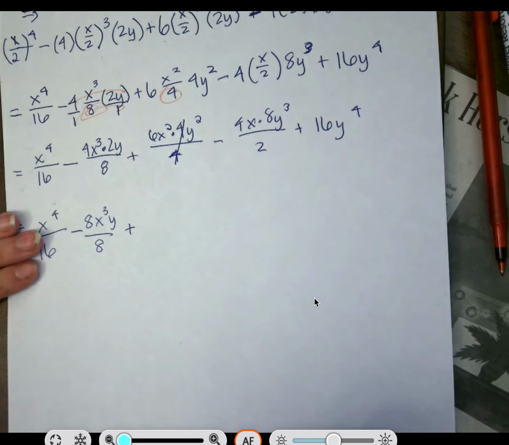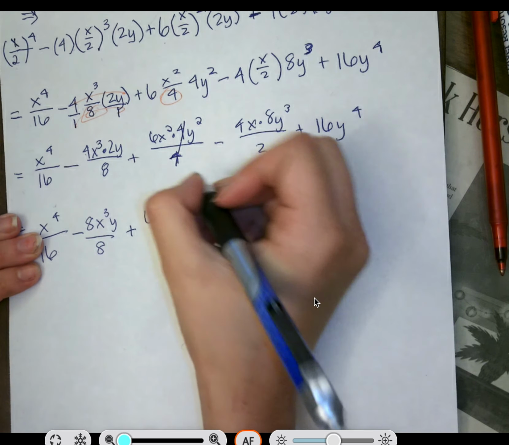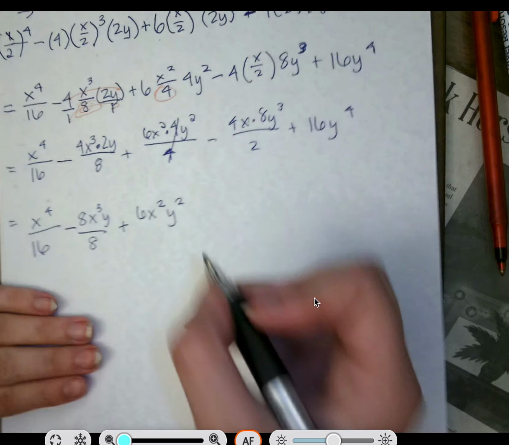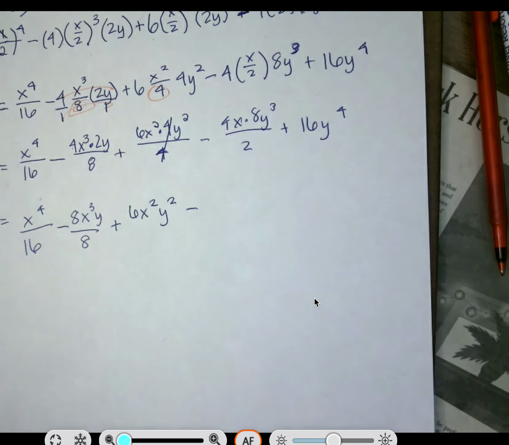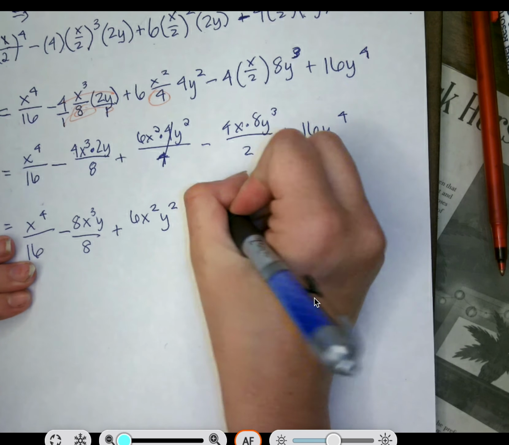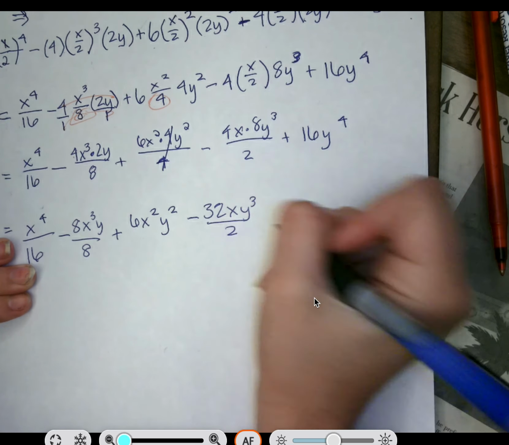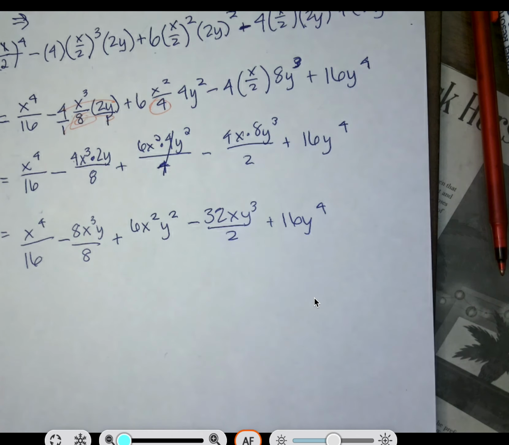Those 4s are going to cancel out. So it's going to be 6x squared y squared minus, we have 4 times 8, which is 32 over 2. So let's just go ahead and write it for the fun of it. 32xy cubed over 2 plus 16y to the 4th.